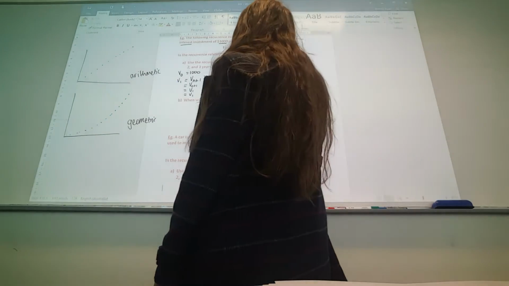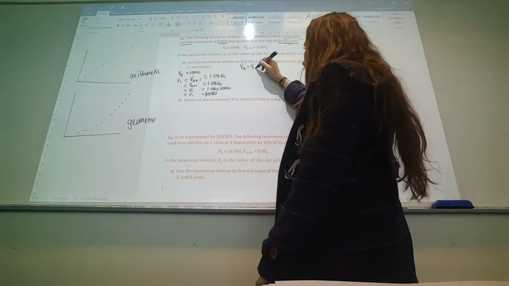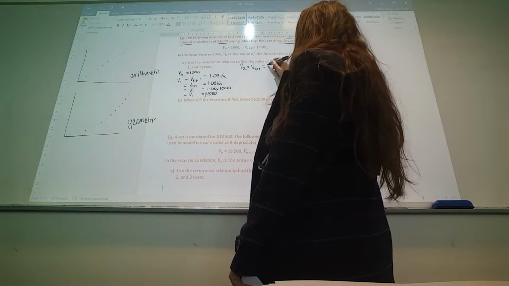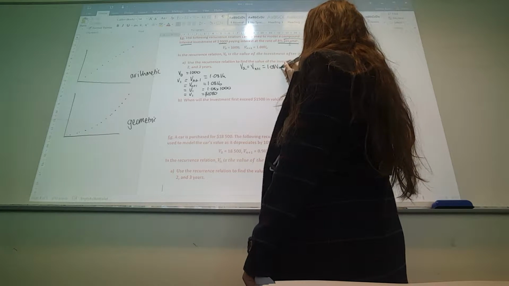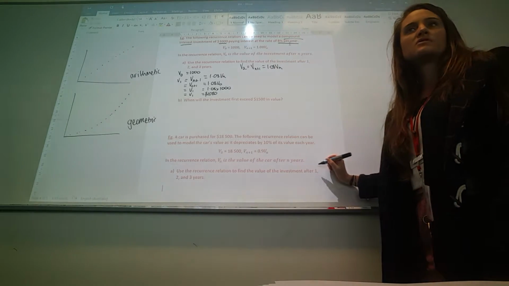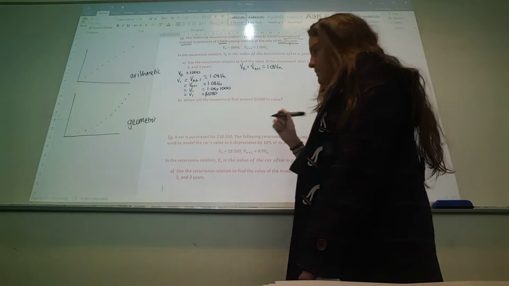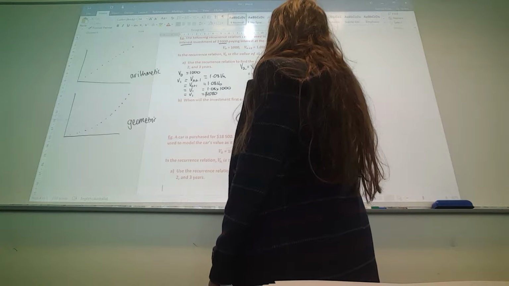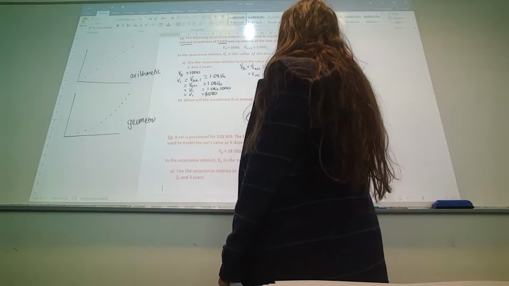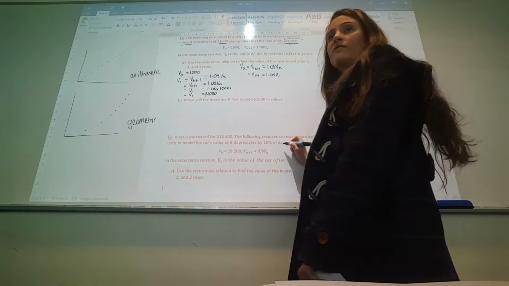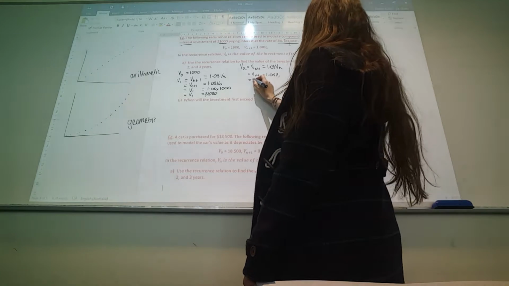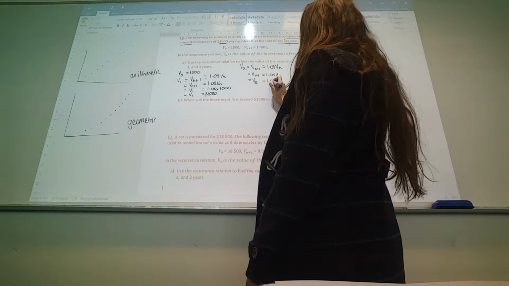After 2 years, so to find after 2 years, I put in my equation again. What n am I going to use? 1. Why 1? Yep, good, because it's a previous term. So 1 plus 1, 1.08 times V1. 1 plus 1 is 2.